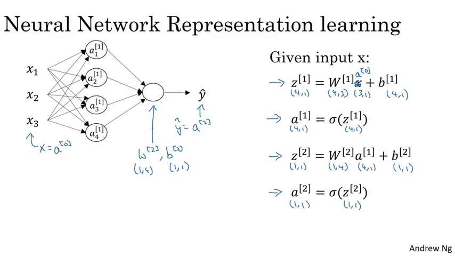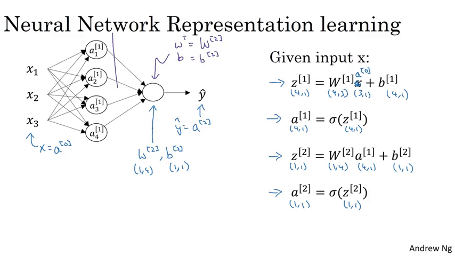And if you think of this last output unit as being analogous to logistic regression, which had parameters w and b, then w plays an analogous role to W2 transpose, and b is equal to b2.